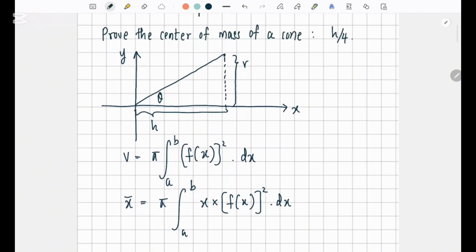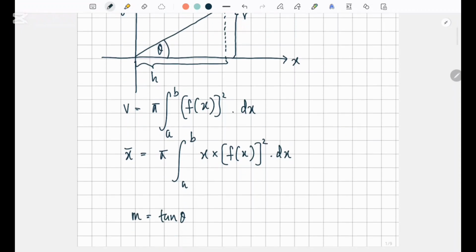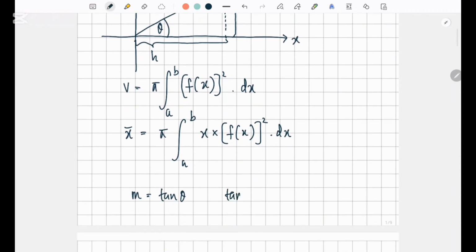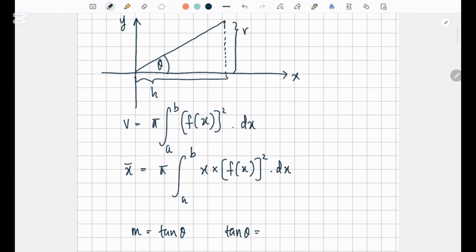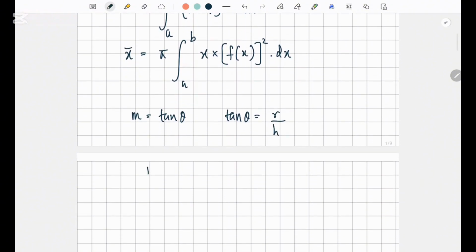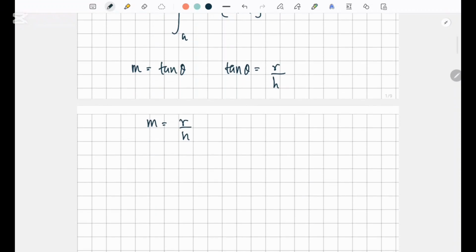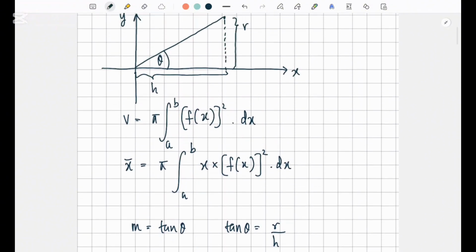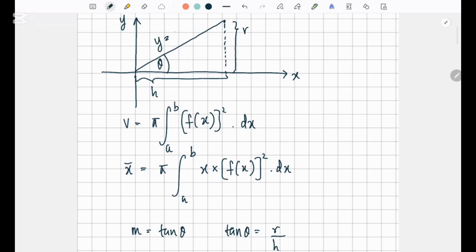If this is theta, tan theta equals the opposite side, which is r, over the adjacent side, which is h. So the gradient of that line is r over h, and you can write the equation of that line as y equals r over h x.